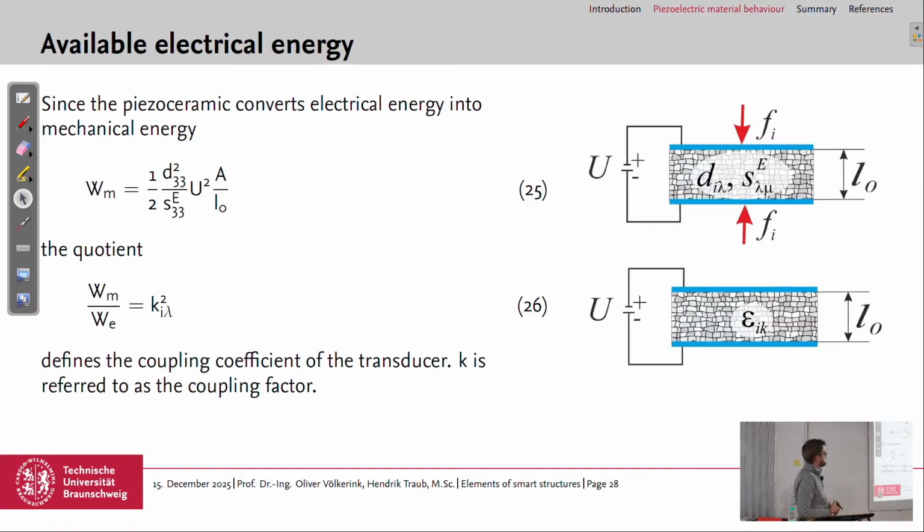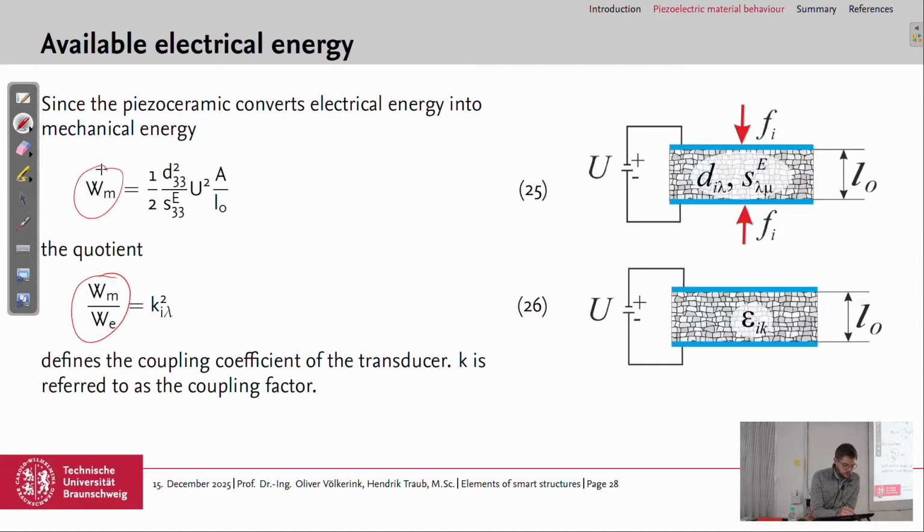So, since the piezoceramic converts the electrical energy into mechanical energy, we can come up with the quotient where we have the stored mechanical energy divided by the electrical energy.